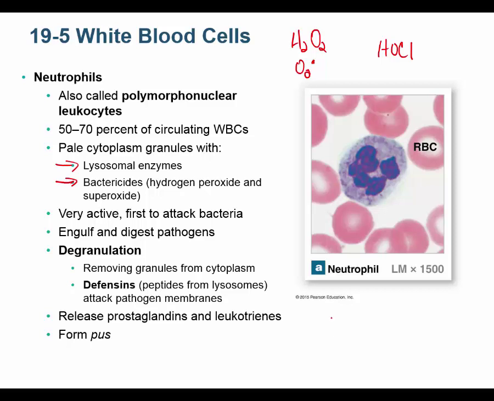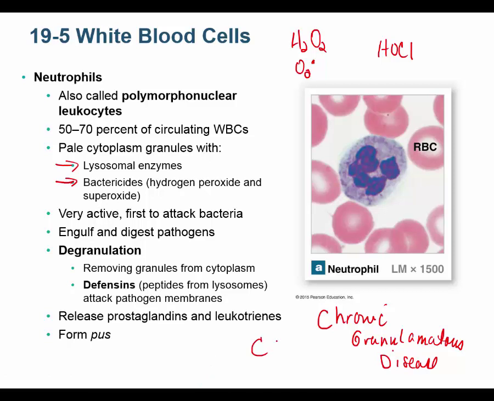Now, why am I telling you that? Because there's a disease called chronic granulomatous disease where the neutrophils and other white blood cells can't do the respiratory burst. These people suffer from a lot of infectious diseases.